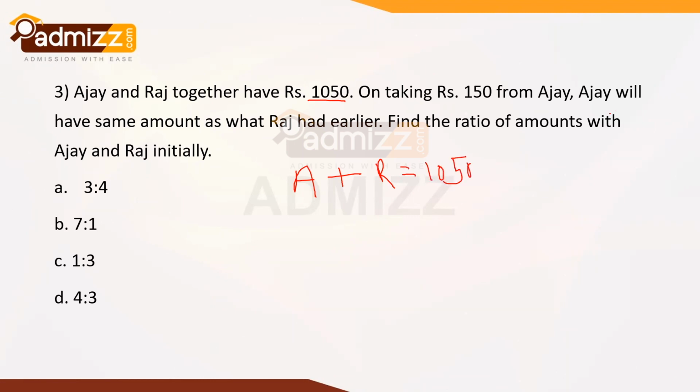And also what we've got is when 150 is taken from Ajay, Ajay will have the same amount as what Raj had earlier, which is A minus 150. So we are taking 150 from Ajay, and this amount will be equal to what Raj had earlier, which is R. So this can be further written as A minus R equals 150.